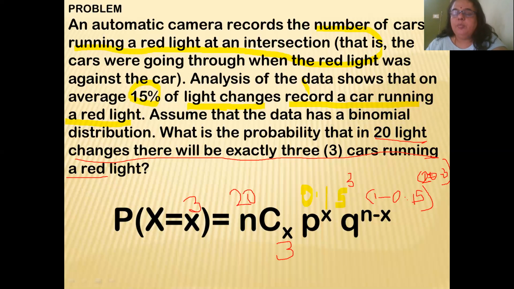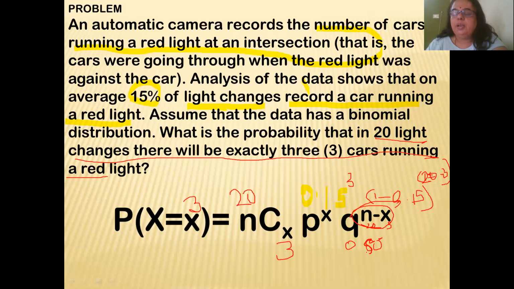Here 0.15 is p, 1 minus 0.15 is q, so q becomes 0.85.